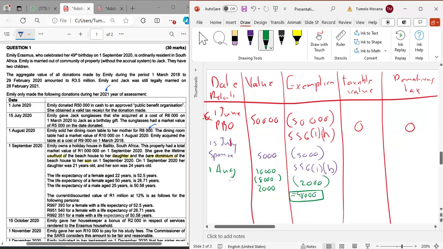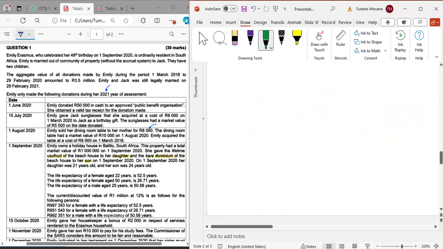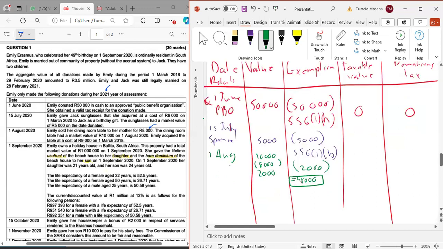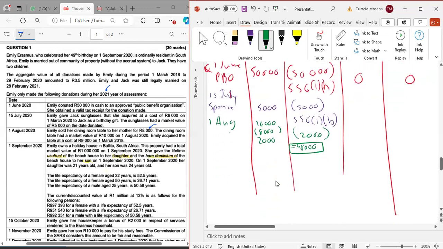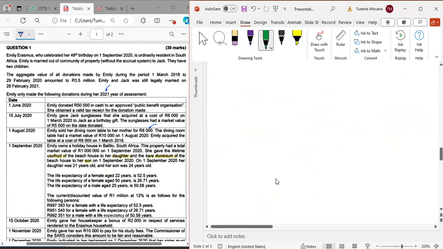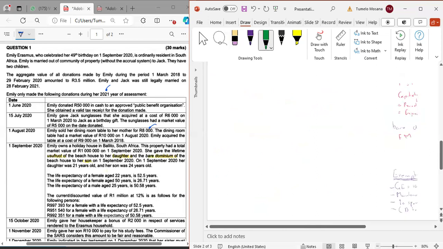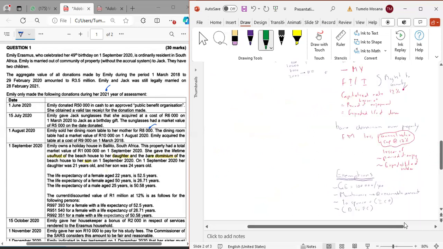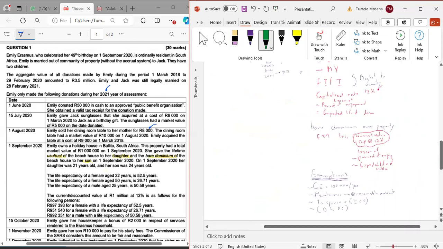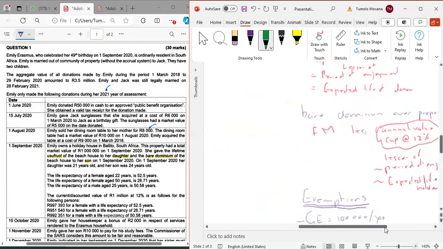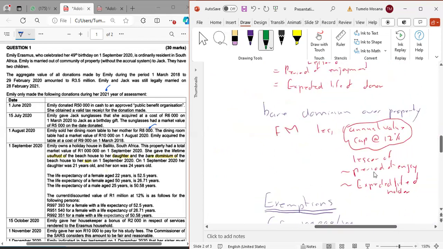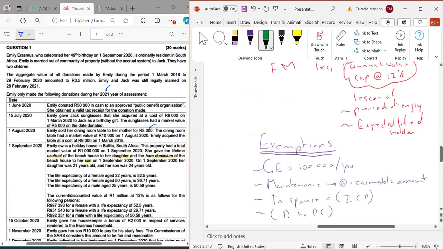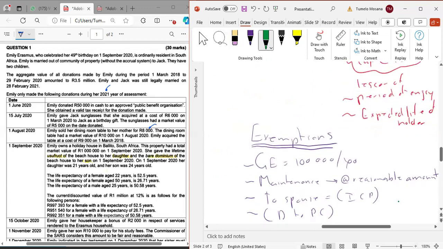year of assessment, right? Where did I write it? So I wrote it there, right? So you have a general exemption of 100,000 for the year of assessment.